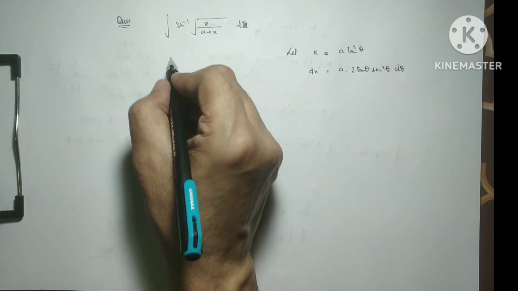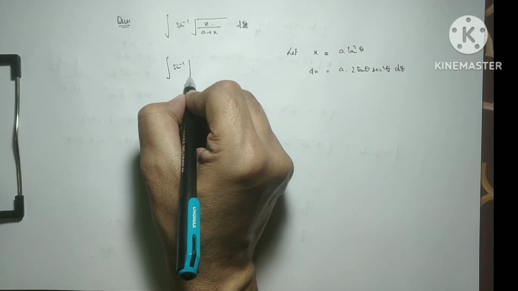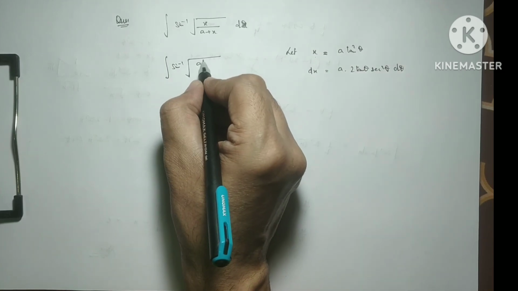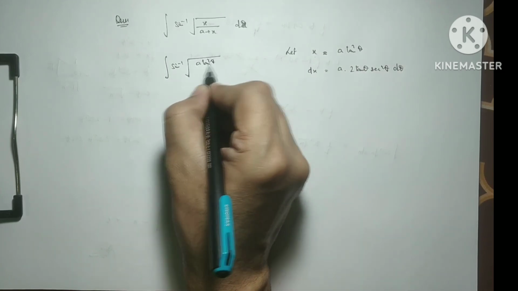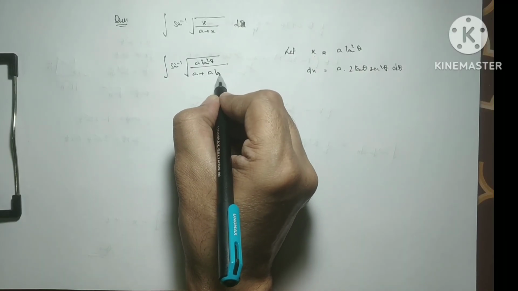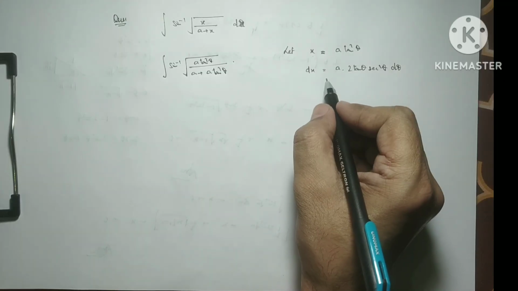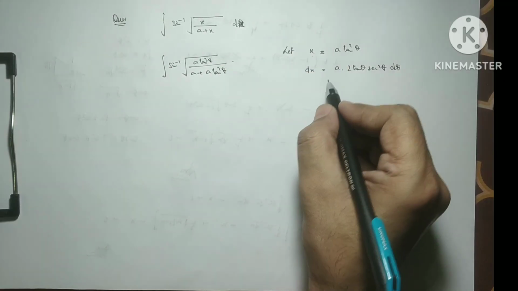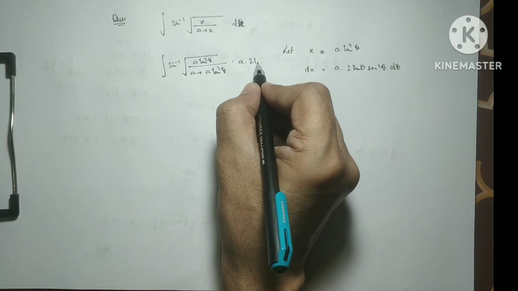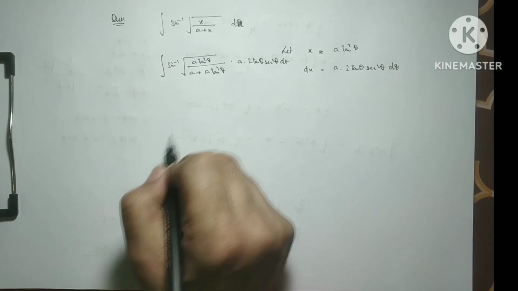Right now we substitute this value, sine inverse under root of x, x is a tan square theta, this is a plus a tan square theta, and the value of dx is a into 2 tan theta sec square theta d theta.